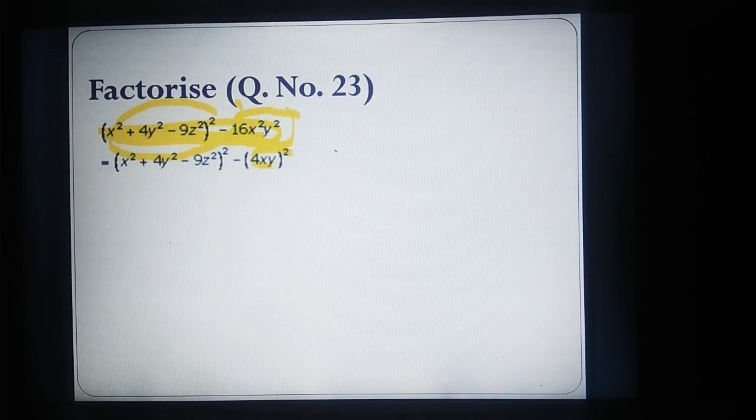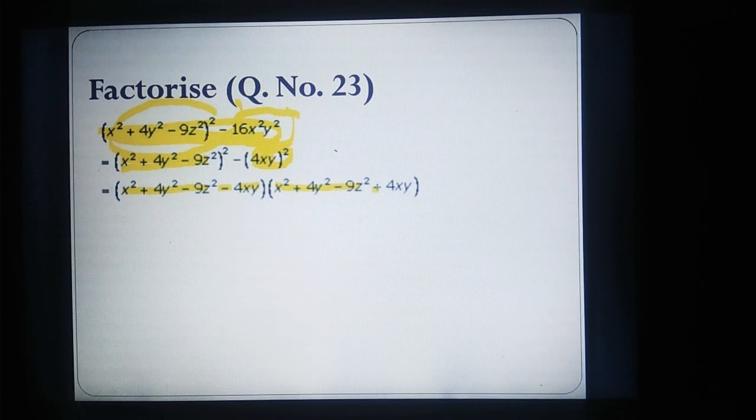If I keep it in whole square format, then I have this much. So we have a square minus b square. If I call this part a, then this is a minus, and if I call this b, then we have b. So a minus b into a plus b, right?